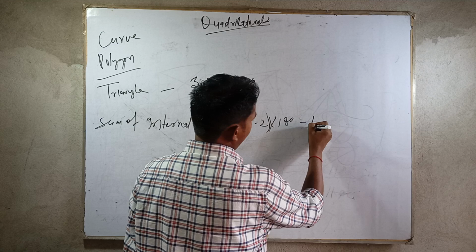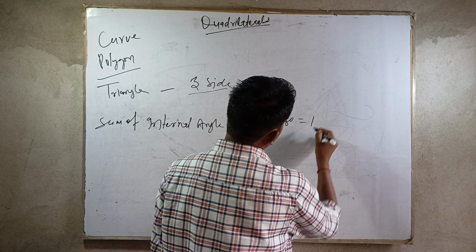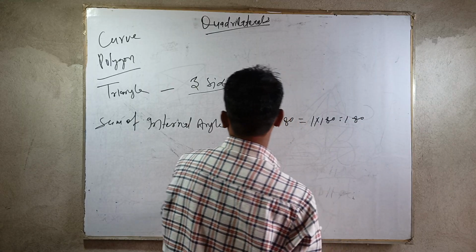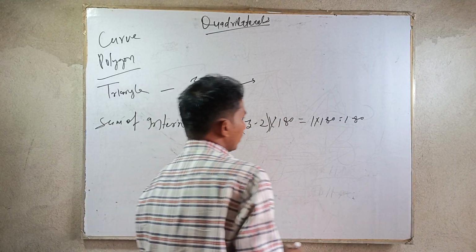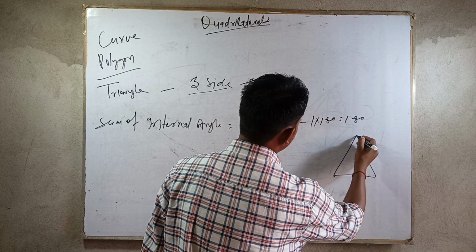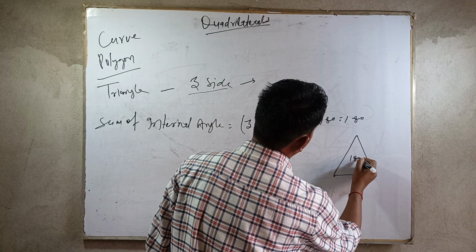If I subtract 3 minus 2, the value is 1, so 1 times 180 equals 180. That means the sum of the internal angles of a triangle, which has three sides, is 180 degrees.